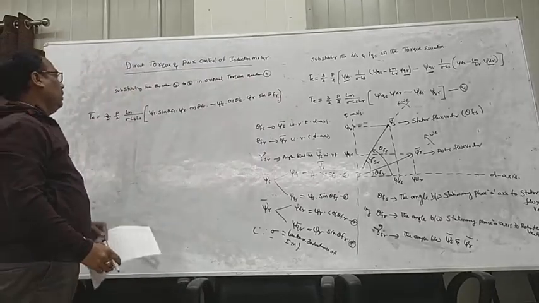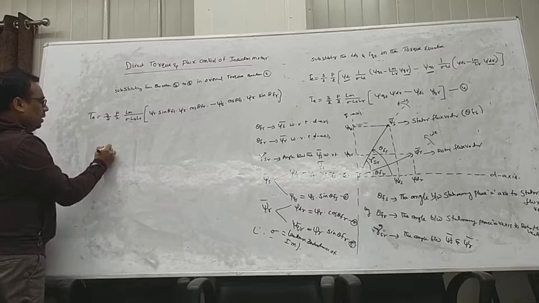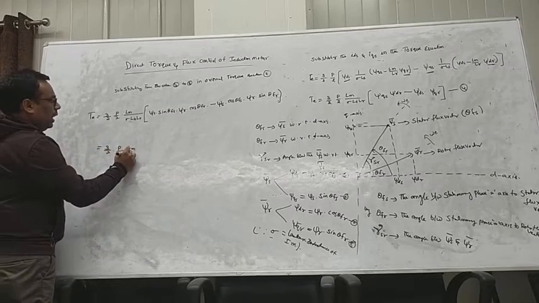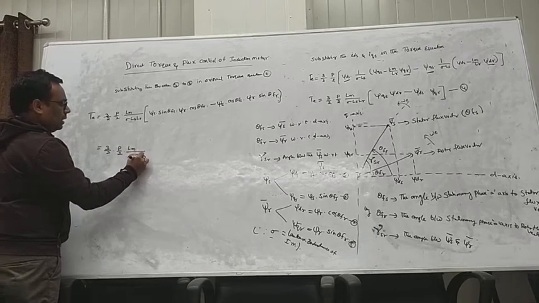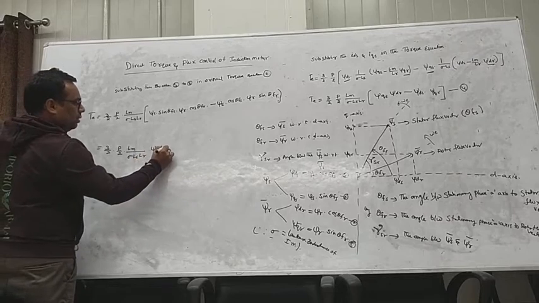If you simplify this further, that is equal to 3 by 2 into P by 2 into Lm by sigma Ls into Lr, taking common psi s into psi r.